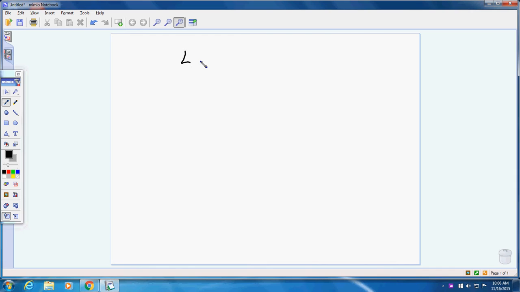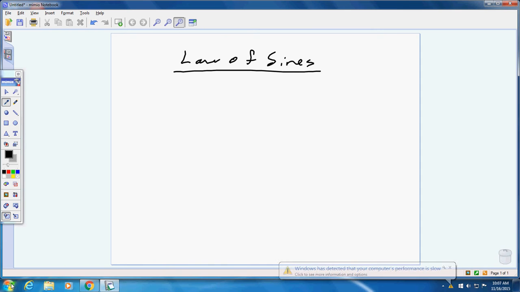So the law of sines. Now, the law of sines, grade 10s, is you use the law of sines when it's not a right triangle. Can you use the law of sines with a right triangle? Yeah, you can. It just doesn't make sense because we have things like Pythagoras and trig ratios that we know how to use already.